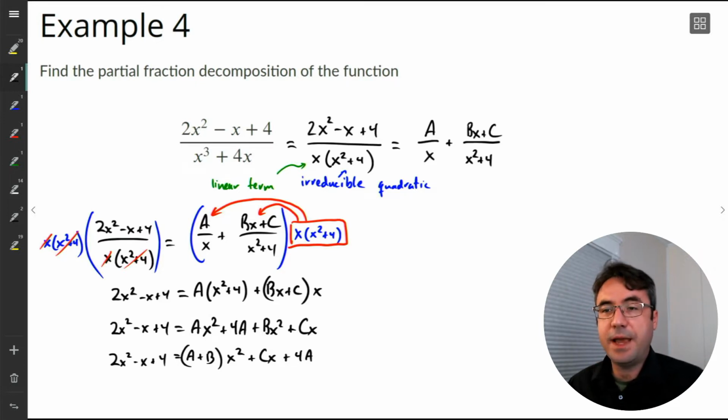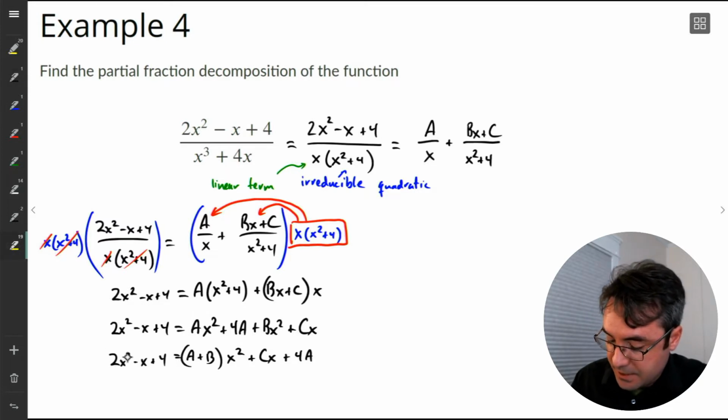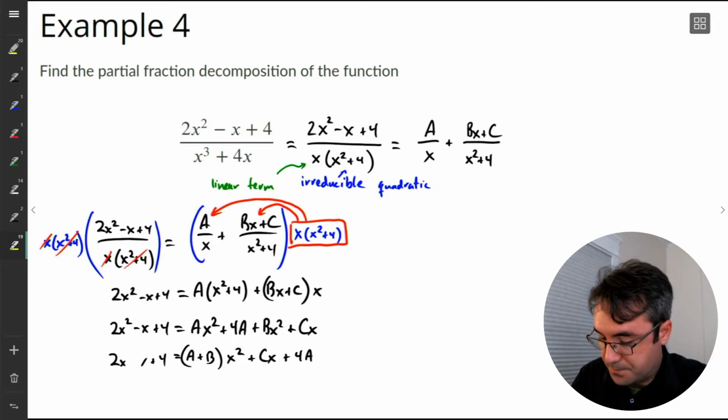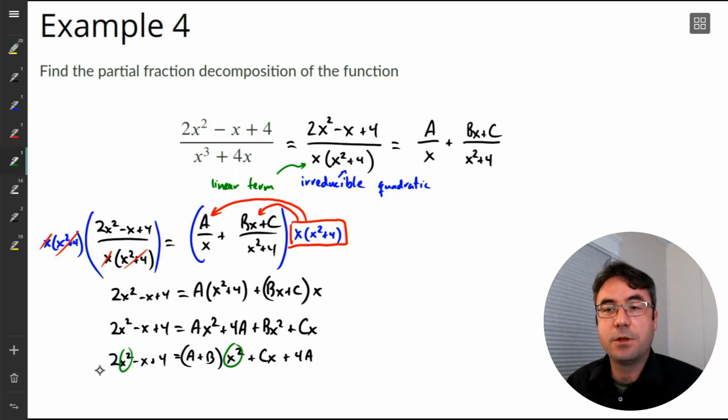All right, so now we have this equation where we have a polynomial on the left, a polynomial on the right, and we're just going to go through and compare coefficients. So let's start with the 2 on the left. Let's start with our x squared. We're going to compare the x squareds, and we're looking at just the coefficients, the terms in front of the x squared.